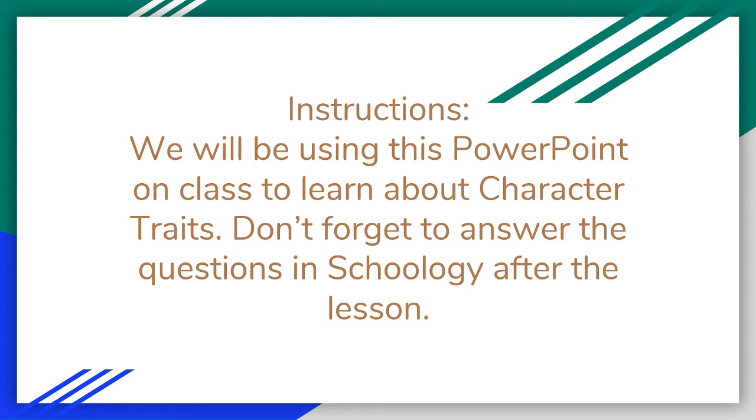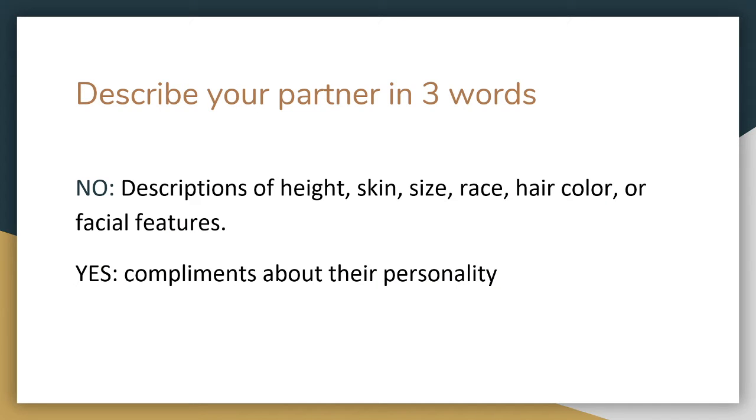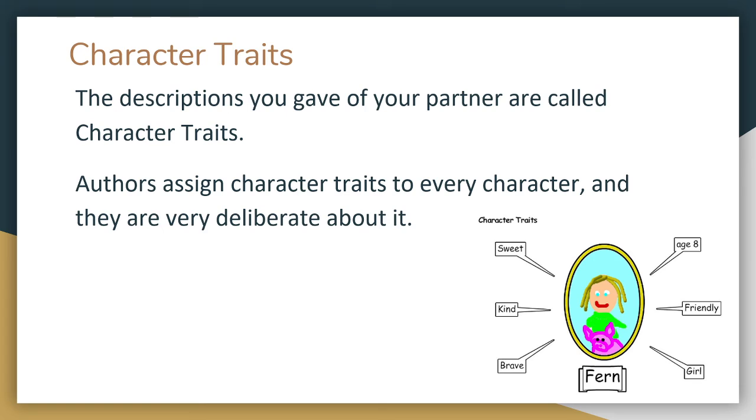Since we don't have a group here, I want you to just think about three words that you would use to describe yourself. Maybe brave, funny, thoughtful, lazy. What words would you use to describe yourself? Those words that you use to describe yourself are called character traits.